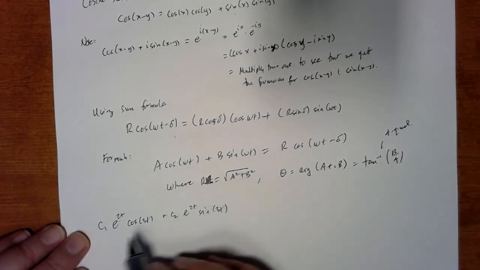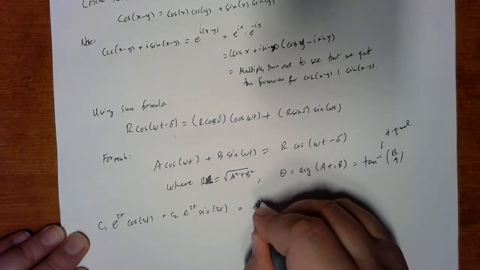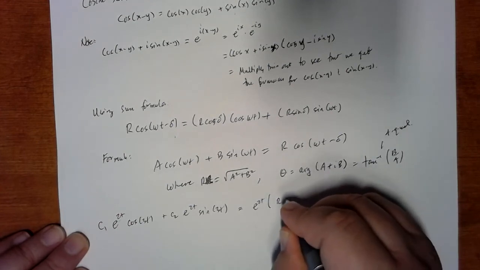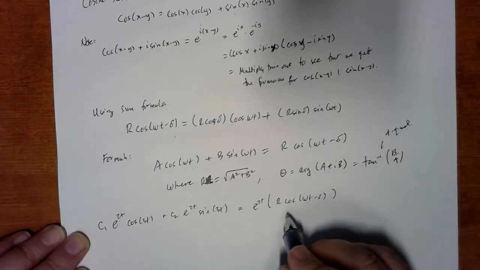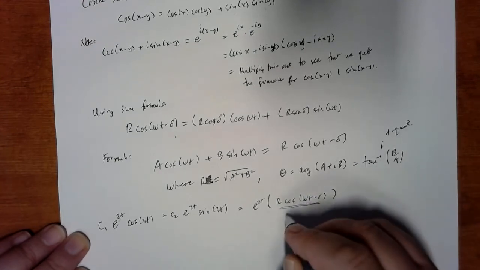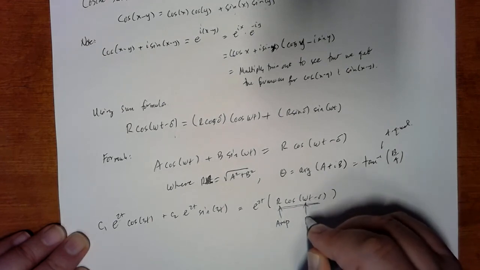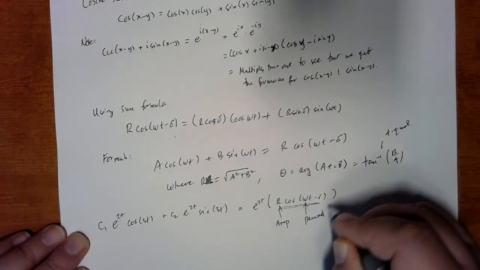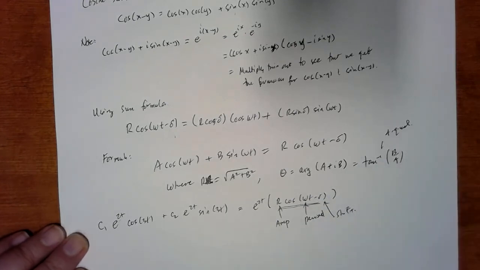Notice that if you know what c1 and c2 are, you can rewrite that as e to the 2t times r cosine of omega t minus delta. And from this equation, right, you can pull off your amplitude and your period and your shift. So it's easy to analyze the solution to the differential equation using this technique.